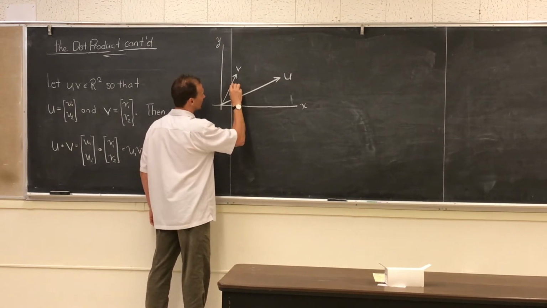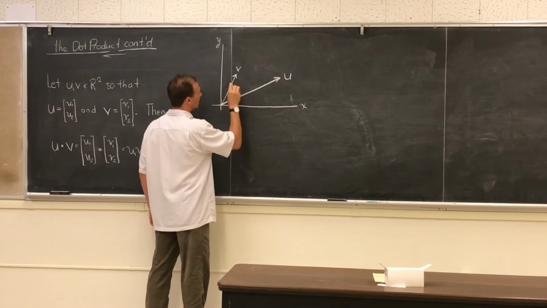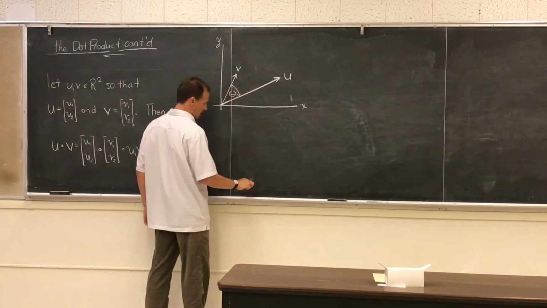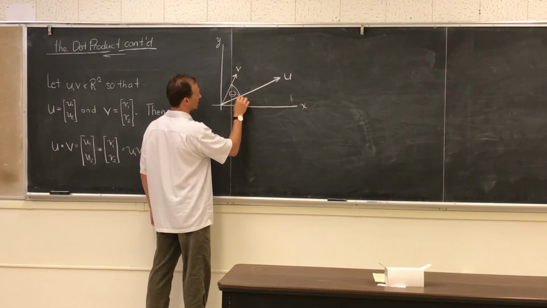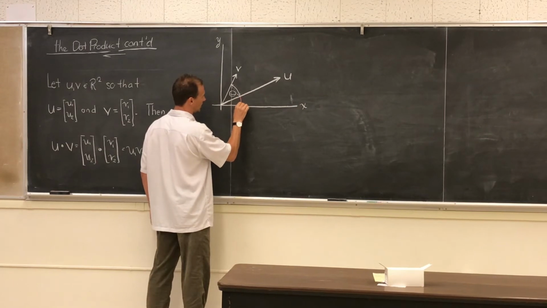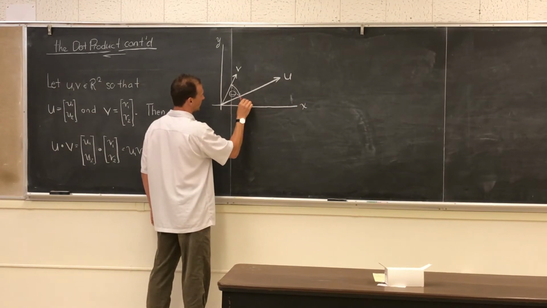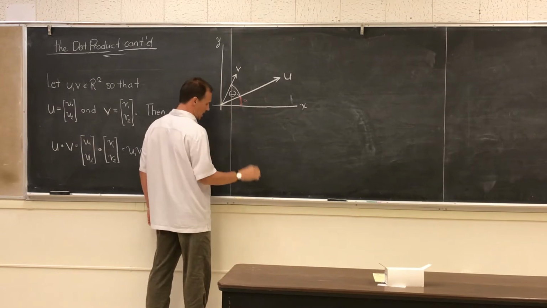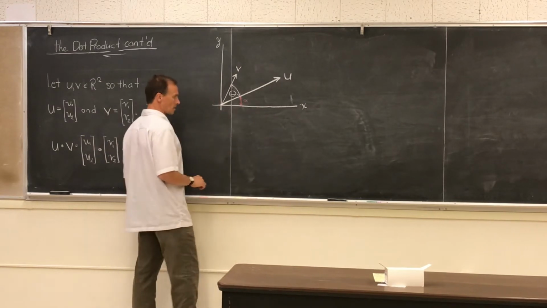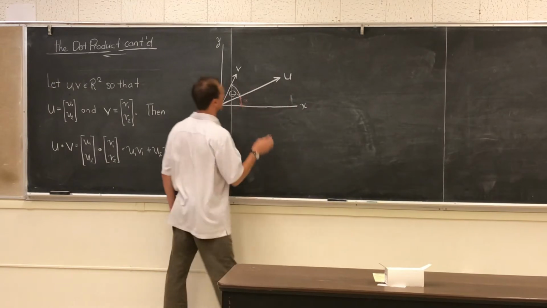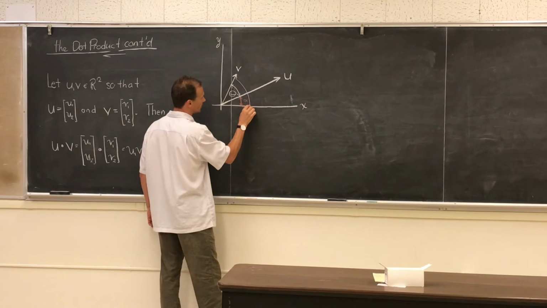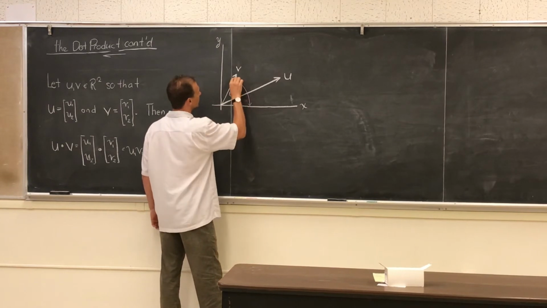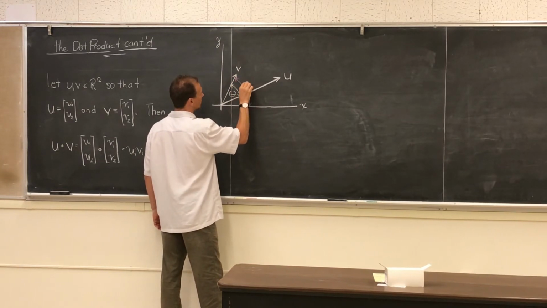Theta is this angle here between U and V. Then let's call this angle between U and the x-axis the angle alpha. And then in our purple chalk, the angle from V off of the x-axis, we'll call that the angle beta.